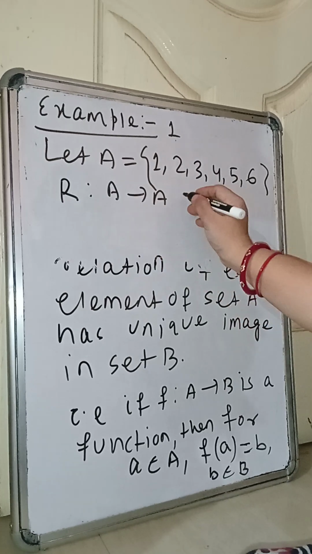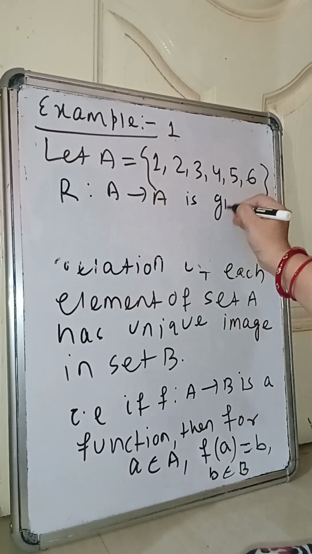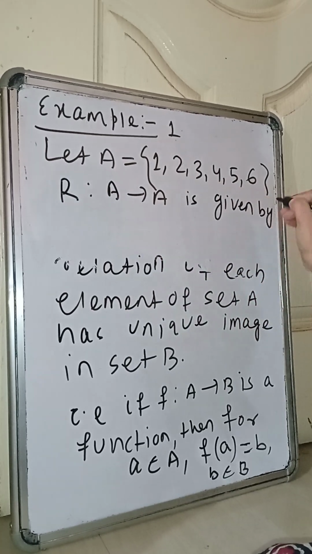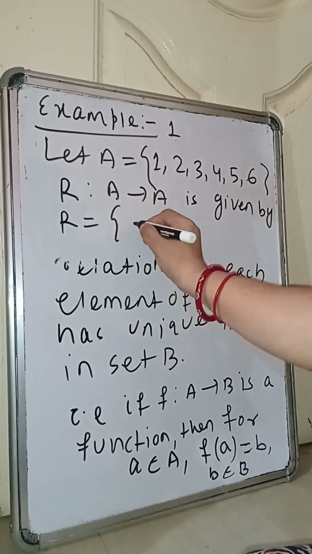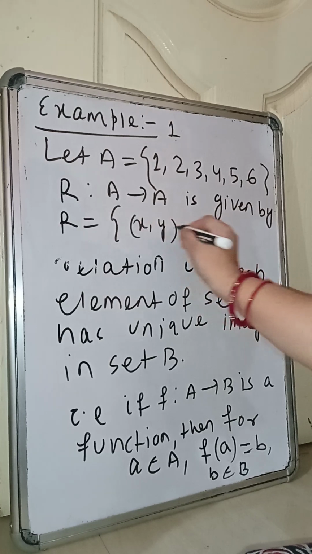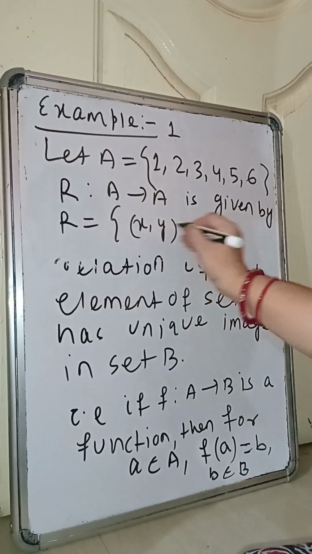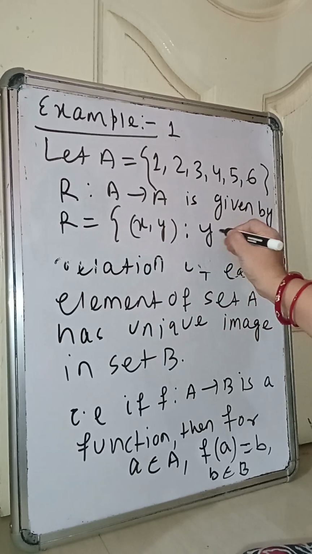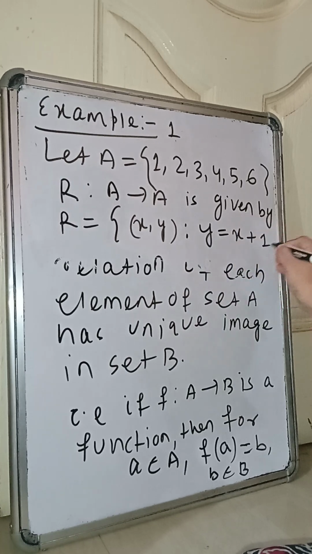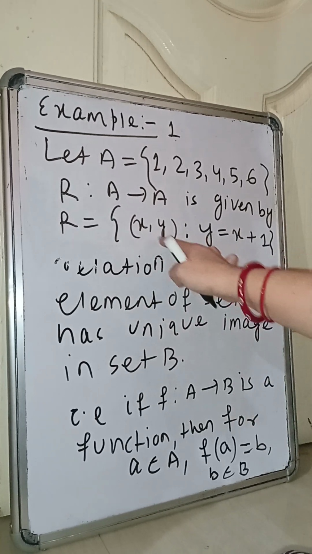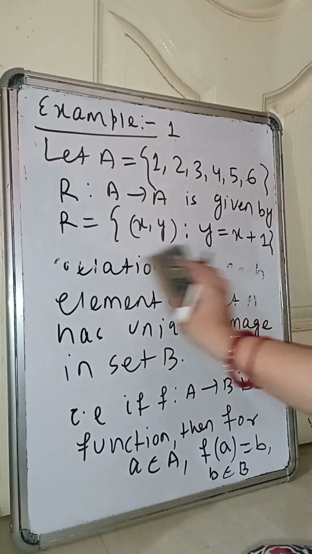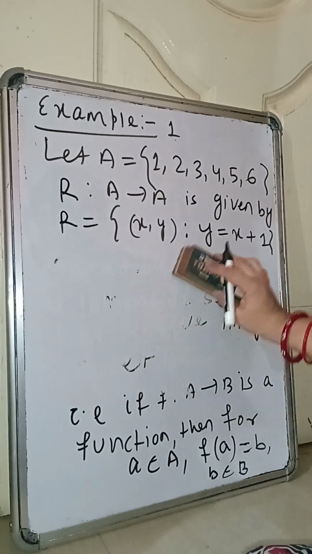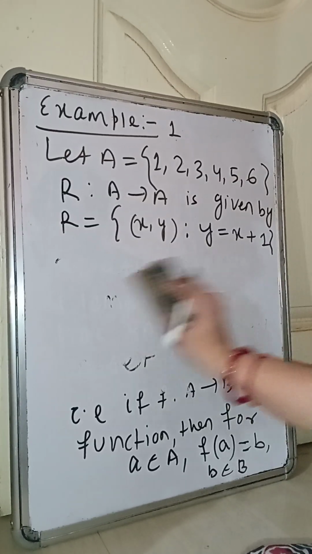R from A to A is given by R equal to the collection of all the ordered pairs (x, y) such that y equal to x plus 1. In this way, x and y are related: y equal to x plus 1. So here R is a relation. You have to check whether this relation is a function or not.